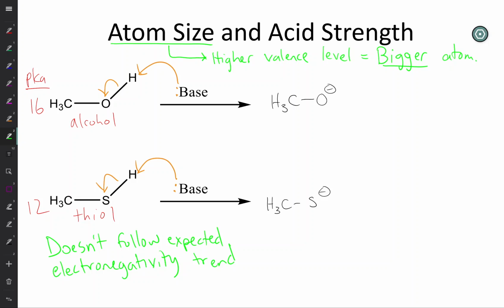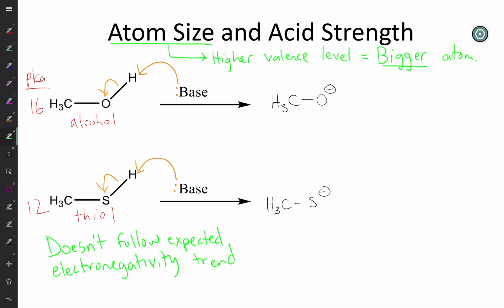Imagine someone with really, really big hands trying to hold a baby's hand. The baby's hand can slip through the cracks in the big hand. Bigger atoms have a harder time holding on to hydrogen. They don't bond as effectively. Their orbitals don't overlap with the hydrogen orbital as effectively.